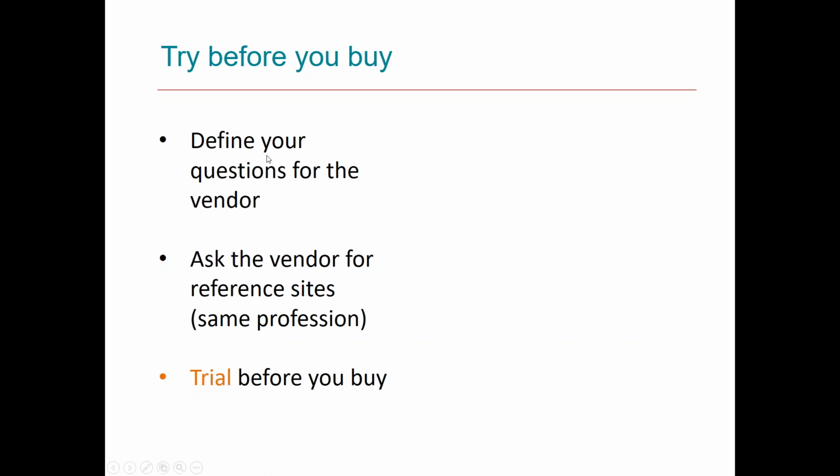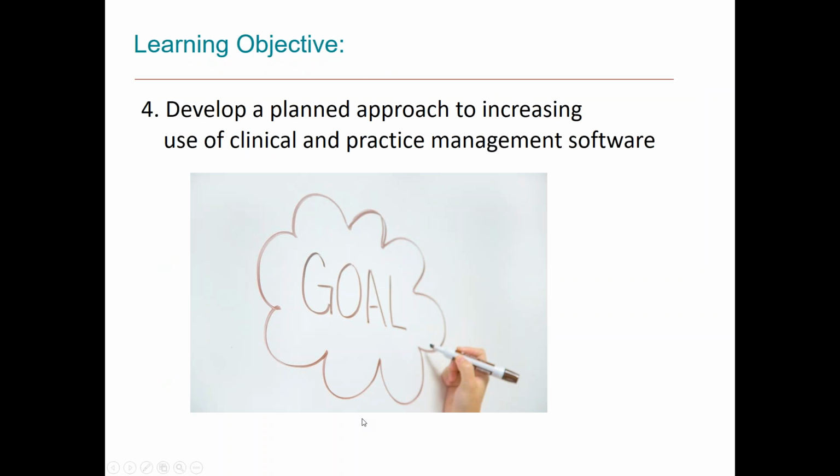So by going to your list of features, sorting out what exactly do I need to ask my vendor, what more information do I need, refining that list even more, and then asking them for people who are in the same profession who are using their software and trying it before buying. That would be a good approach, I would say.